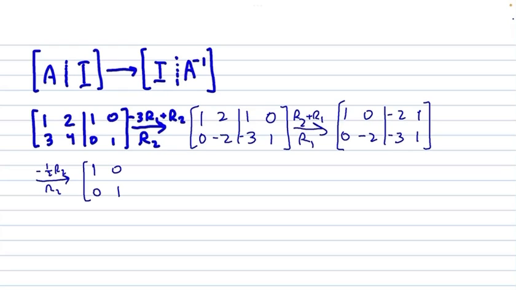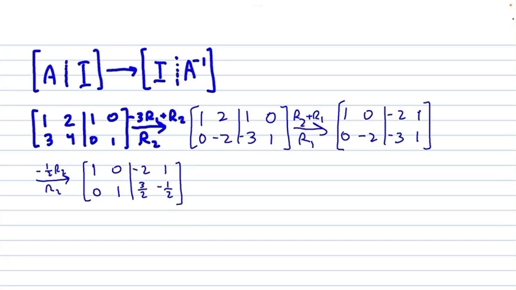That gives us 1, 0, and 0, 1. And now we do the same thing with the other row. Now this is going to give us -1/2 times -3, positive 3/2, and -1/2 times 1 is equal to -1/2.